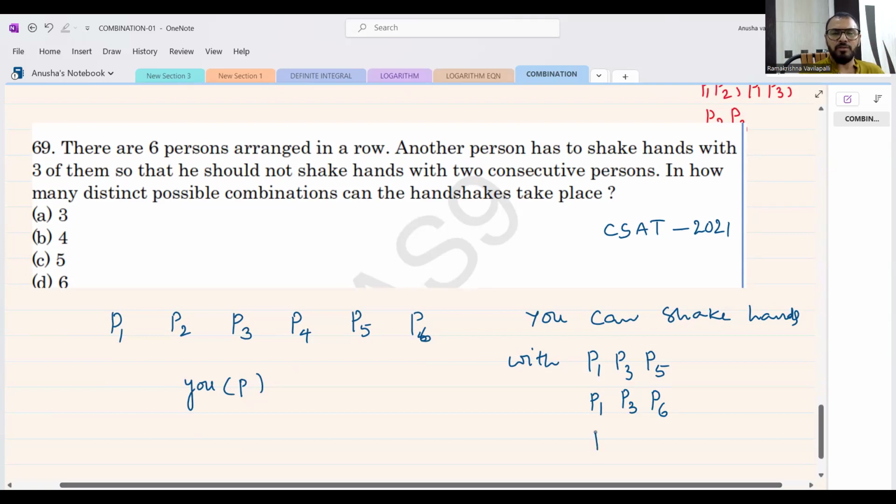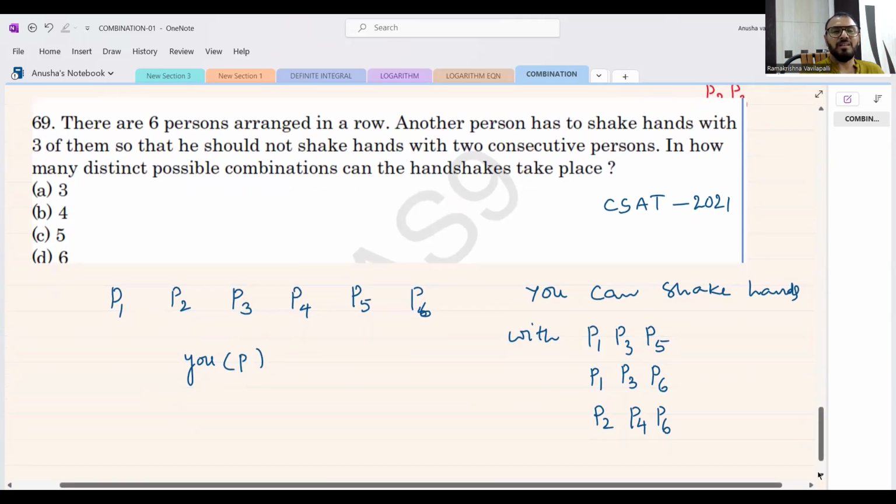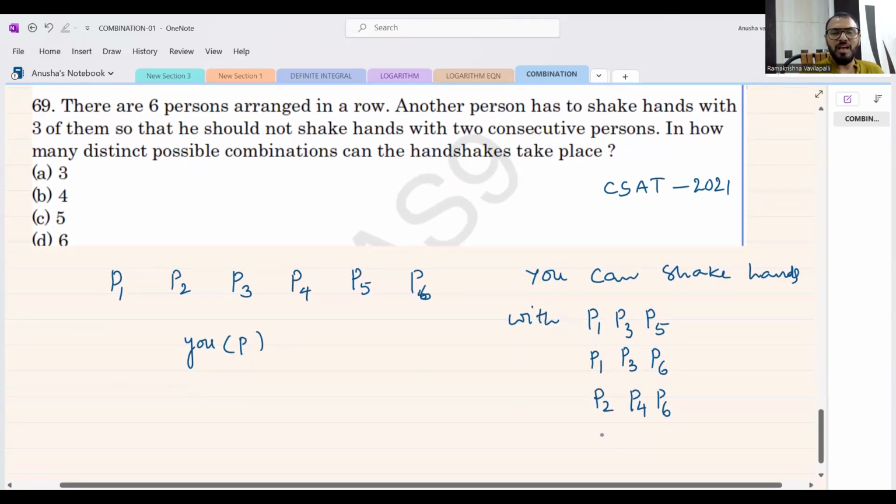Now begin with P2. You cannot choose P3, so you have to choose definitely P4. And now you cannot choose P5, so you have to choose only P6. If after P4 you take P5, then who is the third one?